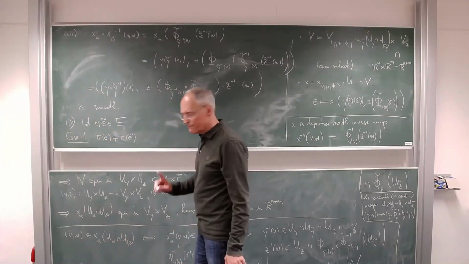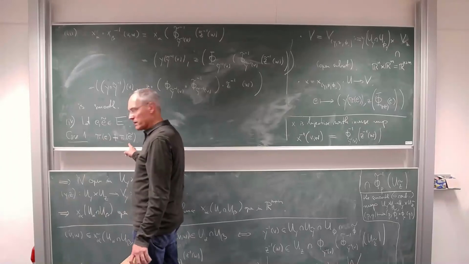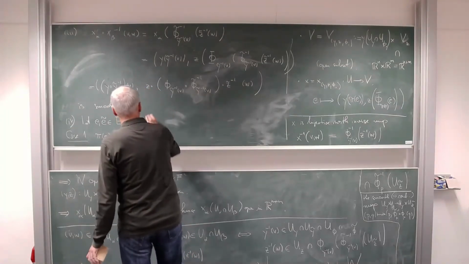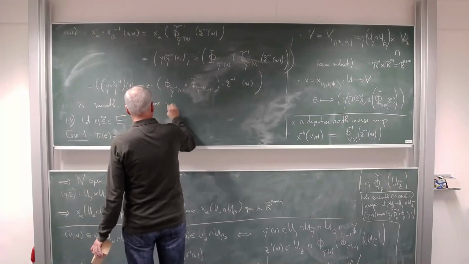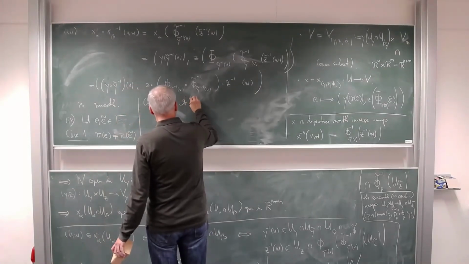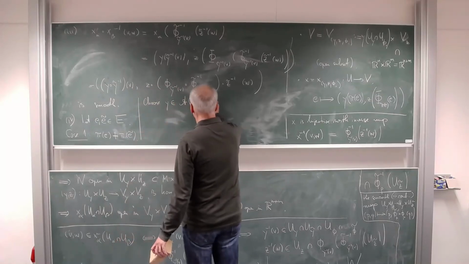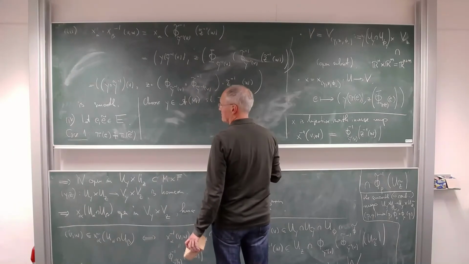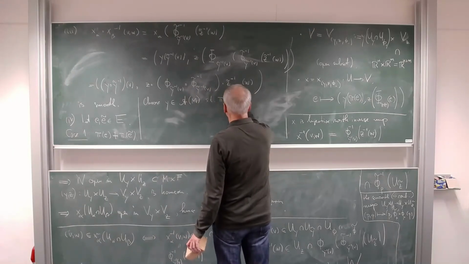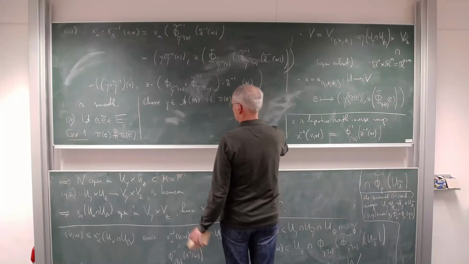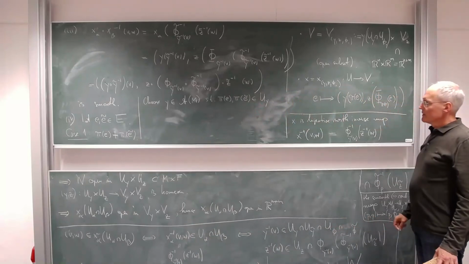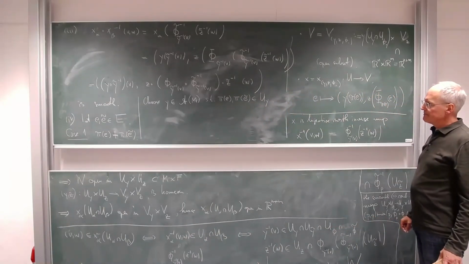Then what I can do is find a chart of the base manifold containing these 2 points. Choose a chart Y of the base manifold such that these 2 points are both contained in the corresponding Y. All right.